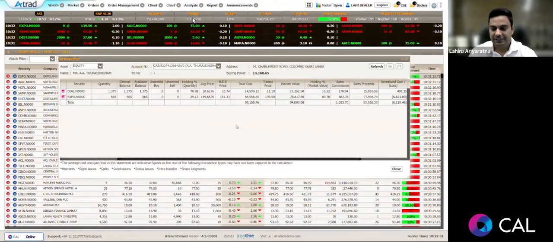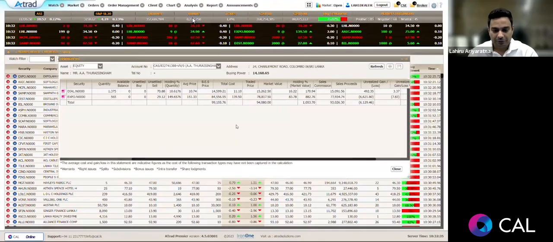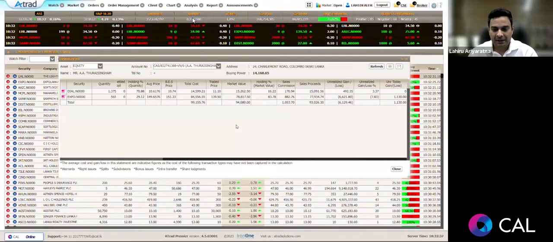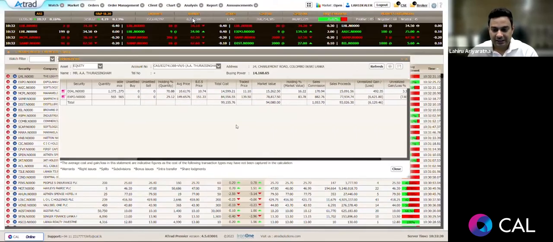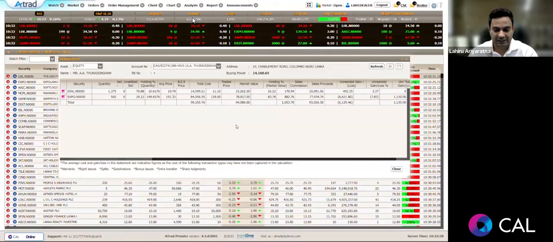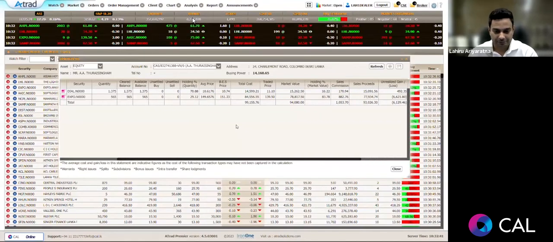And again, on this feature, you can see the market value of your portfolio. The market value here reflects the last traded price of the stock, and which is a live feature. And your unrealized gains or losses according to the market price, you can see live on the Atrad platform.